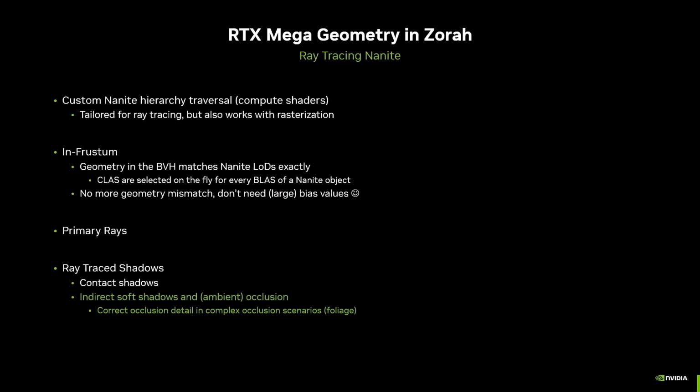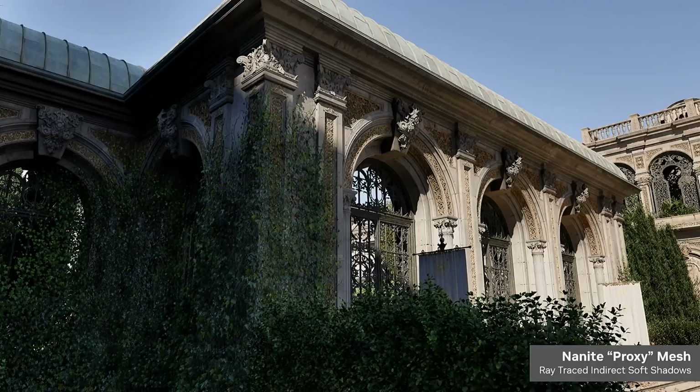Okay, in addition to contact shadows, we have indirect soft shadows and ambient occlusion. Here is an example of the proxy meshes. Foliage is really tough for the nanite system to decimate down into a smaller, less complex mesh that is also representative of thin geometry.